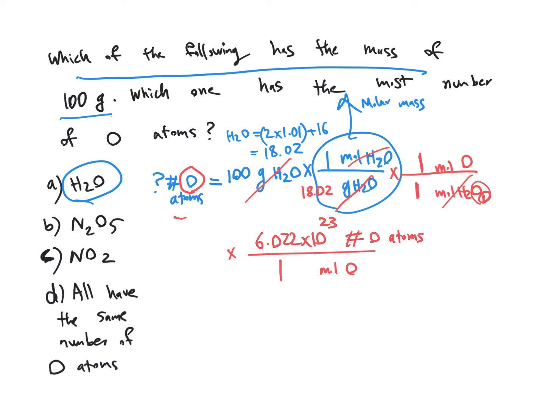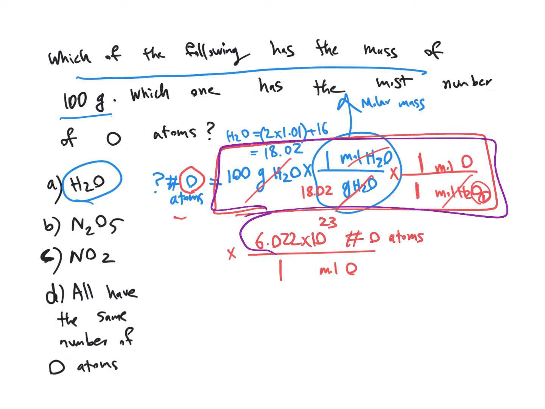And if I ask you, you're welcome to put everything in a calculator, but if I ask you this type of question, you can just compute this number here and then compare them, because this part is the same for all of them. And if I give you 100 grams for all of them, this number here is also the same, 100 grams.